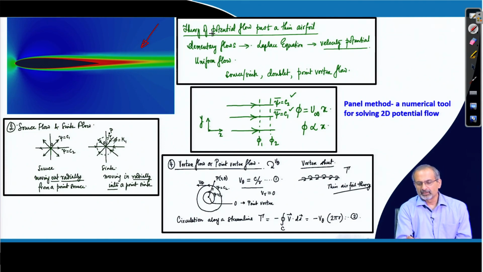So, now we were talking about solving potential flow past the airfoil, and then you remember that the governing partial differential equation for the incompressible regime is the Laplace equation, and there are certain elementary flows that we looked at which are solutions of the Laplace equation.